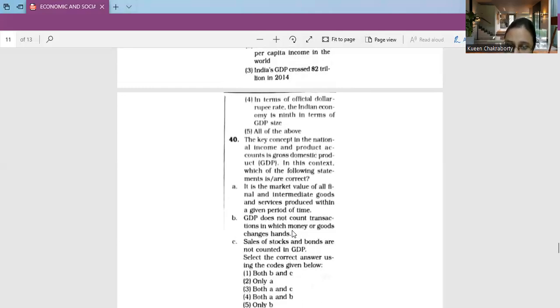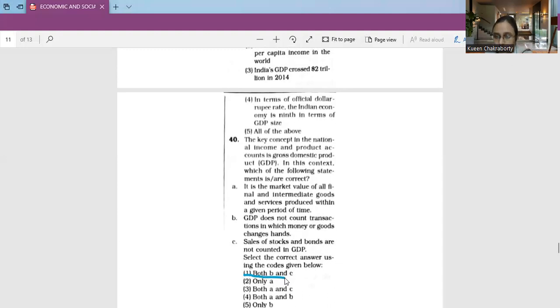B, GDP does not count transactions in which money or goods change hands. C, sales of stocks and bonds are not counted in GDP. So I will say GDP does not count transactions in which money or goods change hands, and sales of stocks and bonds are not counted in GDP. So option B and C is the correct one, which is number 1.